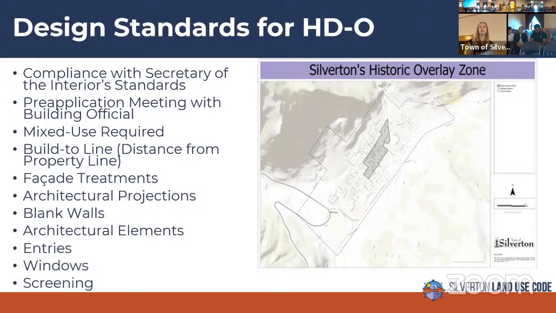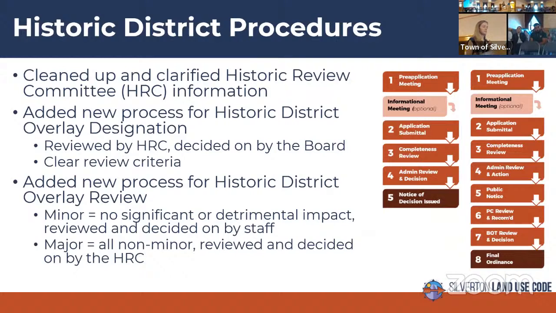If you're interested in learning a little bit more detail about that, you can check out that section of the land use code. There's also a handout specific to historic preservation here as well. Next slide, please.